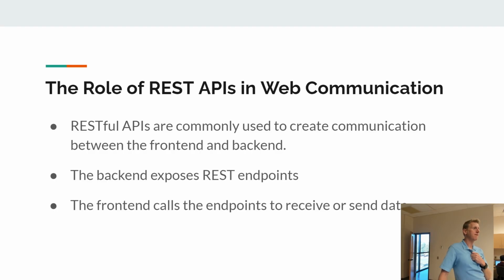Now, that first bullet: what is the role of RESTful APIs in web communication? I really want you guys to hone in on this first bullet. RESTful APIs are used to create communication between the front end and the back end. I hope that makes a little bit of sense. The front end application can be something like React.